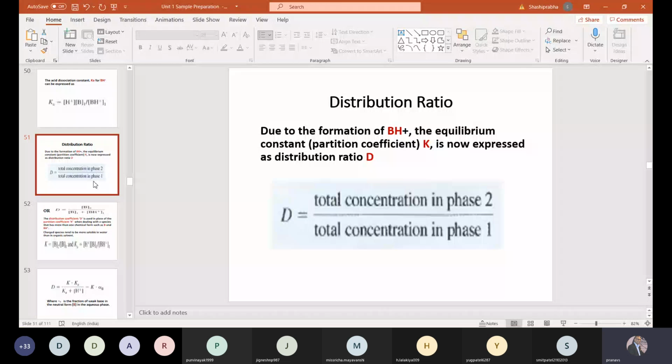So the distribution ratio is the equilibrium constant we generally look for when dealing with real samples.